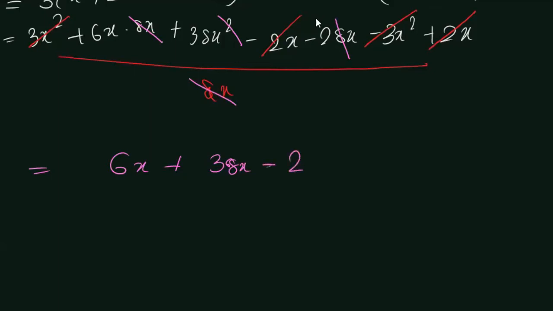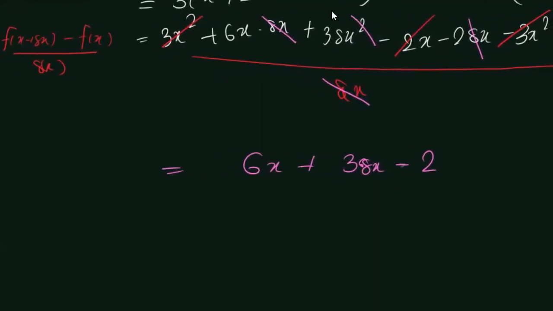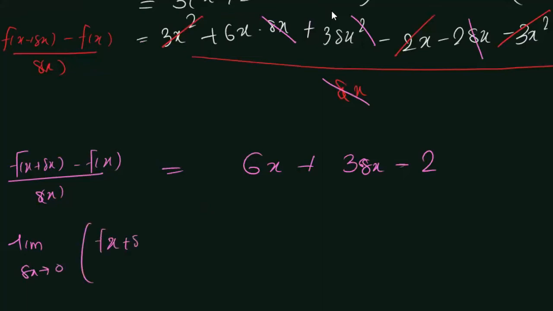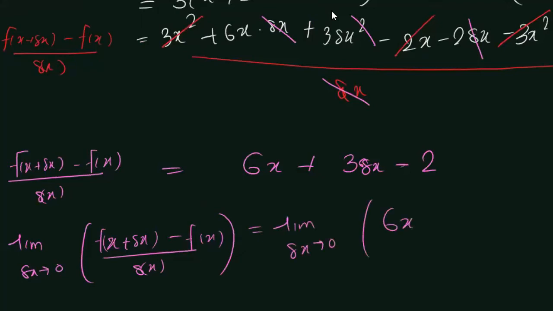So now, as usual, what is in this side is f(x + Δx) minus f(x) over Δx. Next, you need to apply limits, Δx goes to 0. So limit Δx goes to 0 of 6x plus 3Δx minus 2.